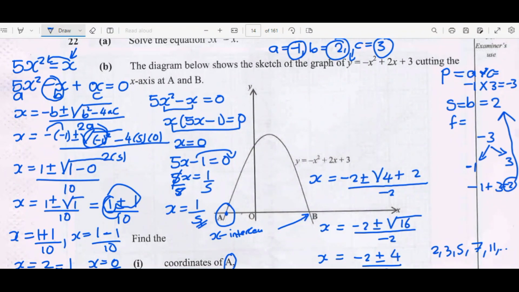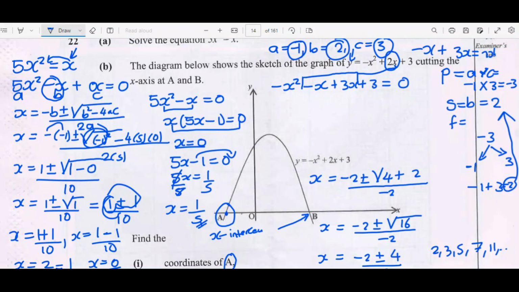So we can now write our equation. So negative x squared minus x plus 3x plus 3 is equal to 0. And if you add these, they must give you this value. That's why negative x plus 3x will give us 2x.